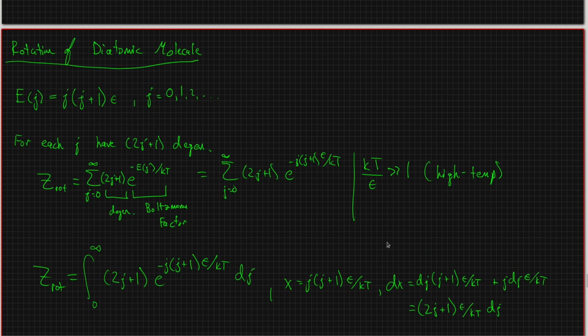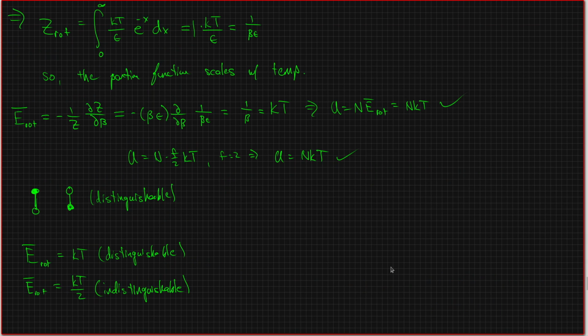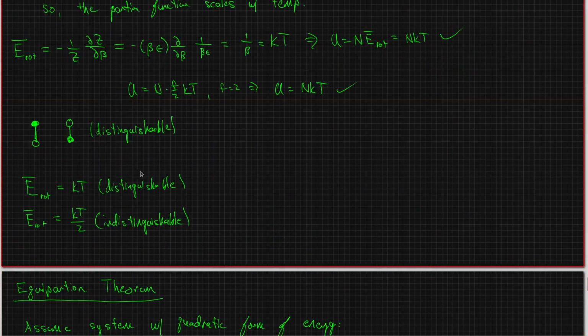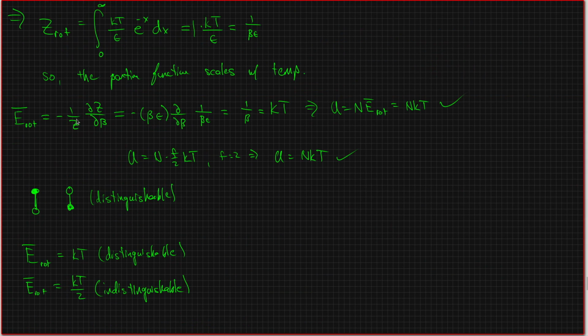We went through all of this and we were able to calculate the contribution due specifically to a diatomic molecule. If you wanted to calculate the same kind of thing for other types of internal energy, you would just go through the exact same process, calculate the partition function, use this formula to calculate the average internal energy, and boom, you're done.